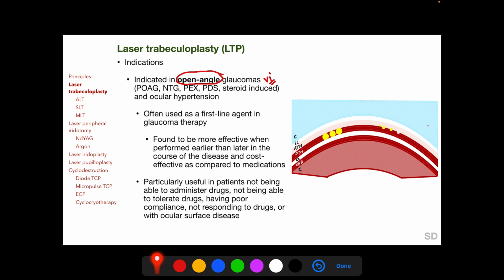Laser trabeculoplasty is often used as a first-line agent in glaucoma therapy and has been found to be more effective when performed earlier than later in the course of the disease, and is cost-effective as compared to medications.